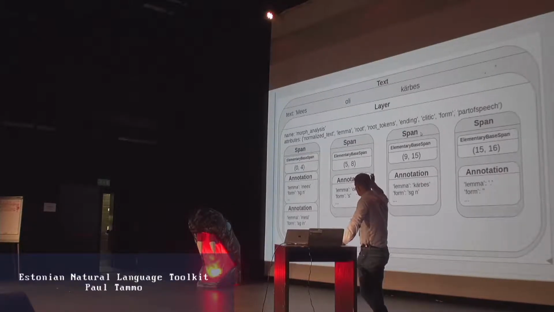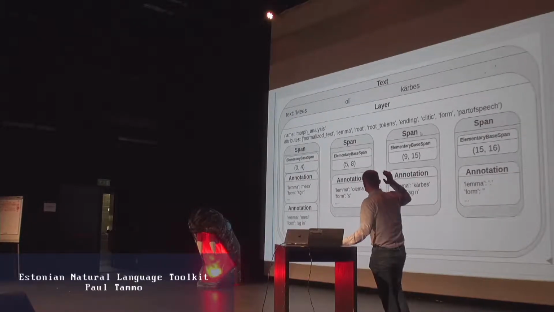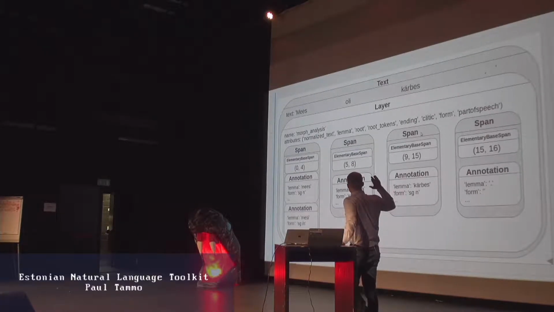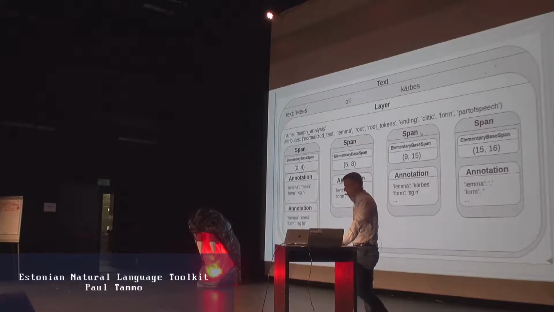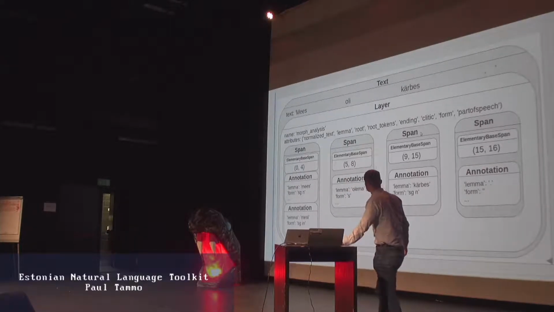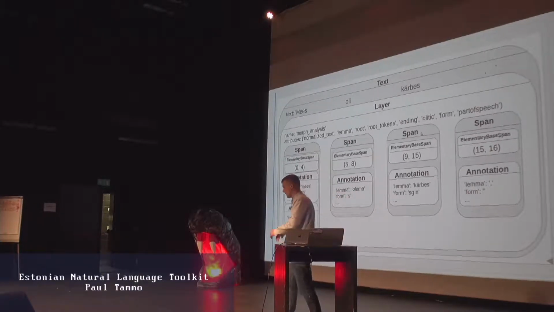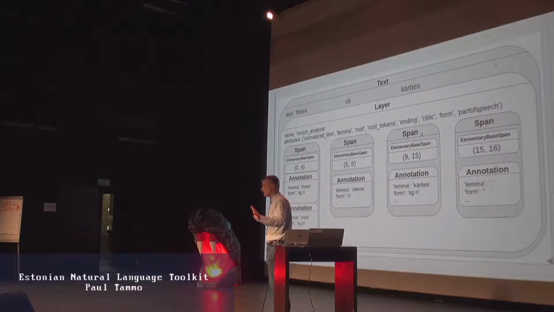The first thing is a text string, and the second thing that the text class contains is a list of layers, or dictionary of layers. Here on this picture we can see only one layer, but there can be finitely many of them.